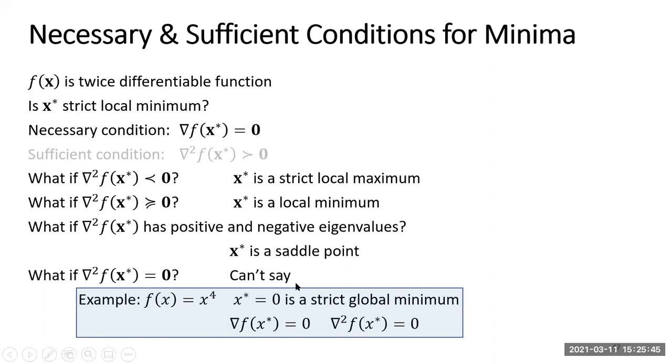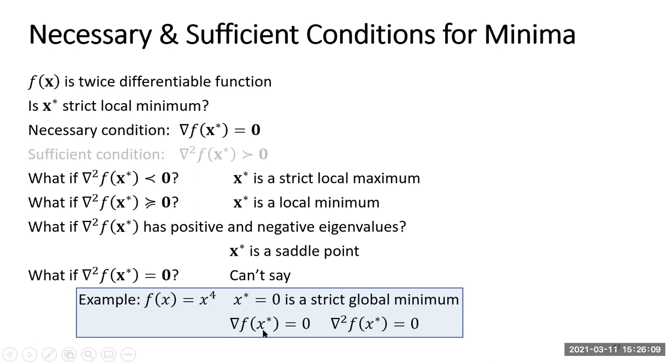Now, here is an example. This is an example which does not meet these conditions, and it's a global minimum. F of x is x to the 4. So the strict global minimum is x star equals 0.